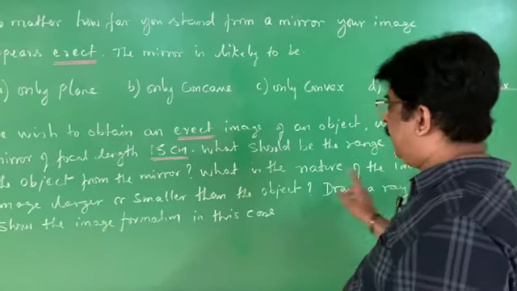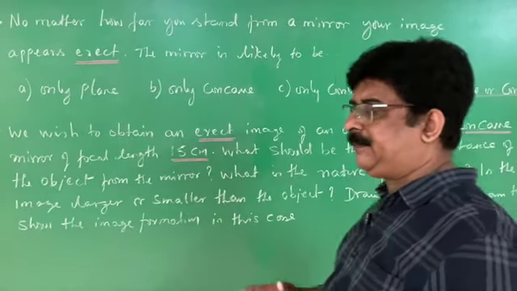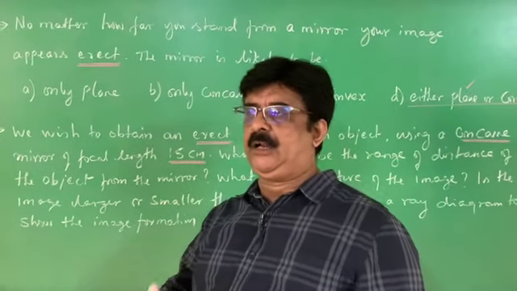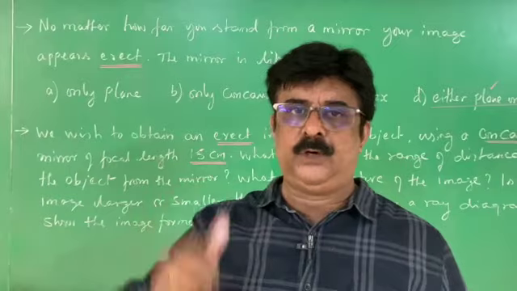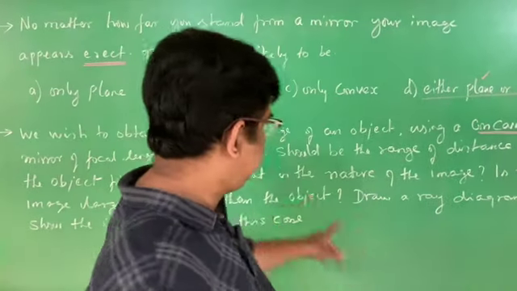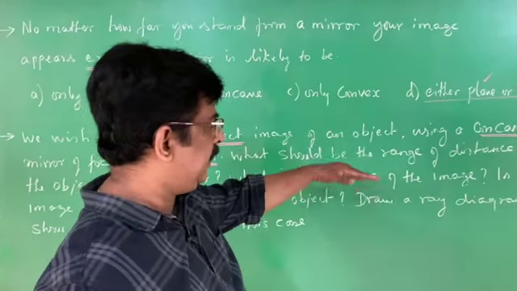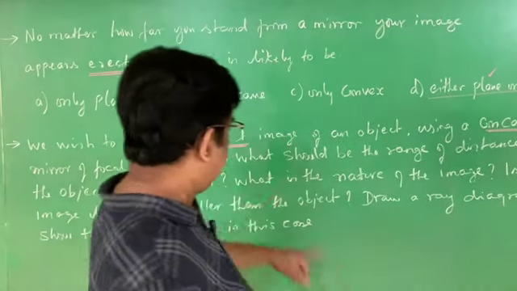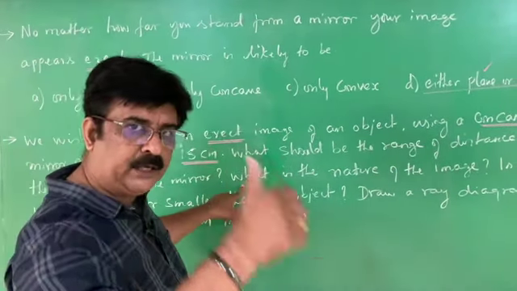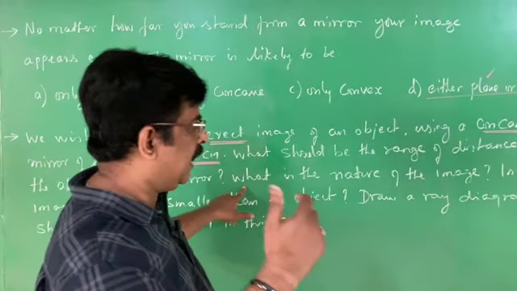Very simple. When the object is placed between P and F in the case of a concave mirror, the image is virtual, erect, enlarged. That is the nature of the image. First part is, up to 15 centimeter range we can keep the object. The nature of the image is virtual, erect, enlarged.